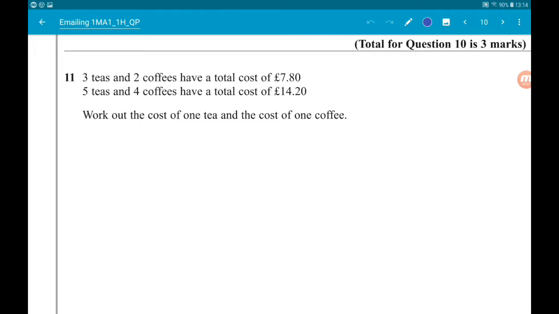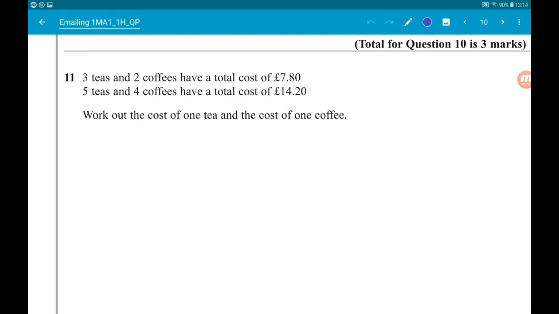Okay, number 11. 3 teas and 2 coffees have a total cost of £7.80. 5 teas and 4 coffees have a total cost of £14.20. Our mission is to find the cost of 1 tea and the cost of 1 coffee.